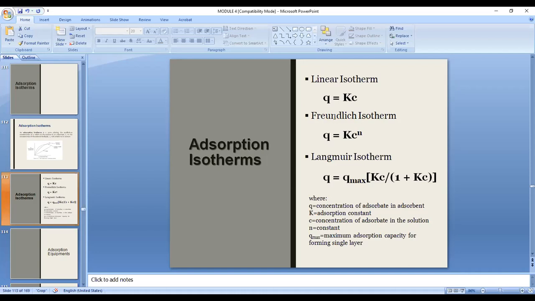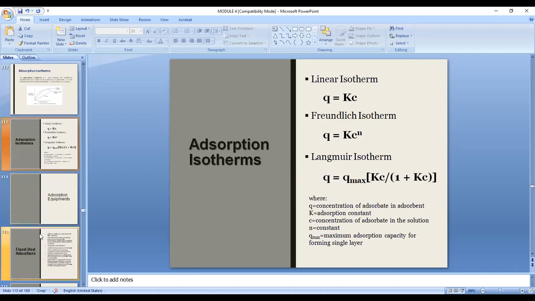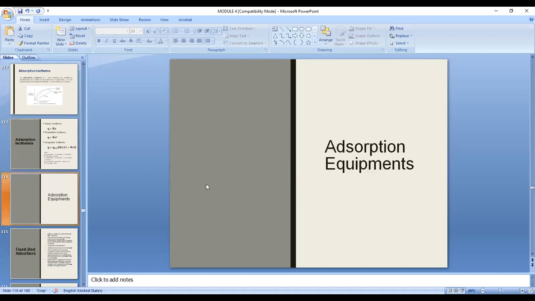If it's the Freundlich that you're going to look for, or the Langmuir, it is also going to make mention of such. Okay, so these are the 3 adsorption isotherms. Please go back to our general reference book by Yan Kuplis as to the specific examples on the use of the isotherms or problems that use these particular isotherms, because we have that present in your textbook. Then we go to the adsorption equipments.